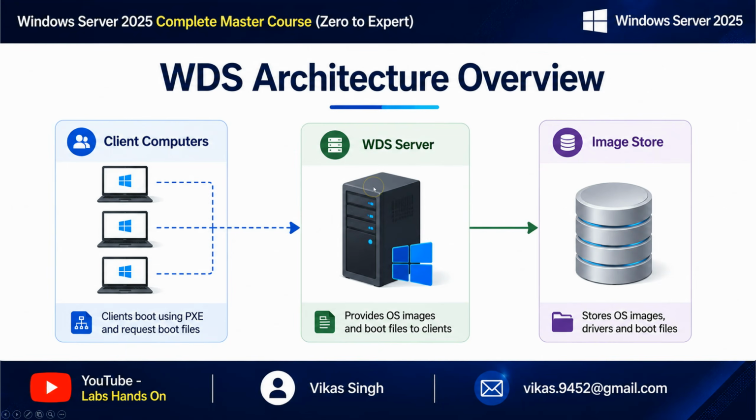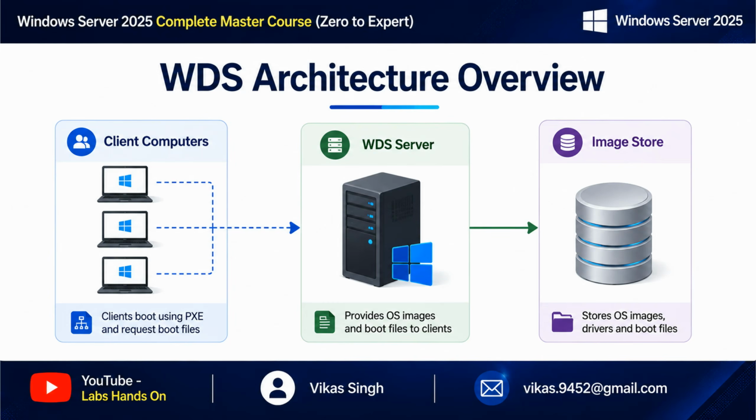and then in the center we have a WDS server which acts as a deployment engine. So it receives the request from the client and provides the required bootable file and the operating system image for the deployment. And on the right, basically the image store is where all the deployment resources are stored, including boot image, install image, drivers and other deployment files basically.